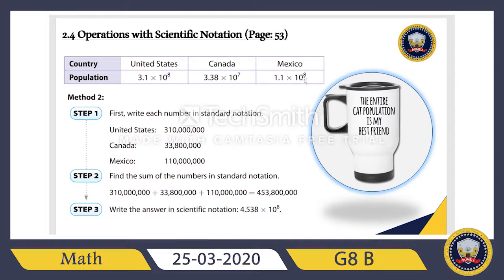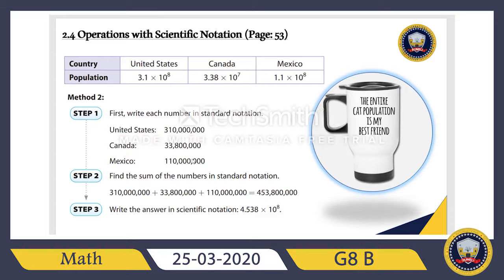I'm going to make this power 0. So it's decreasing power, so it is moving the decimal point 8 places to the right. So it is 110 million.